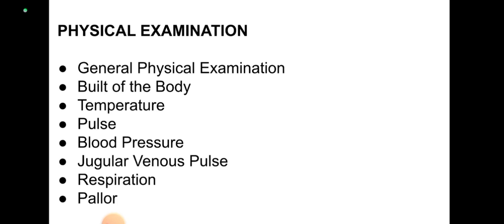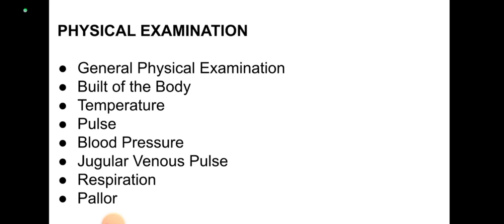Then vitals like temperature, pulse, and blood pressure are noted. The temperature is measured with a thermometer and its normal ranges from 36.5 degrees Celsius to 37.7 degrees Celsius.